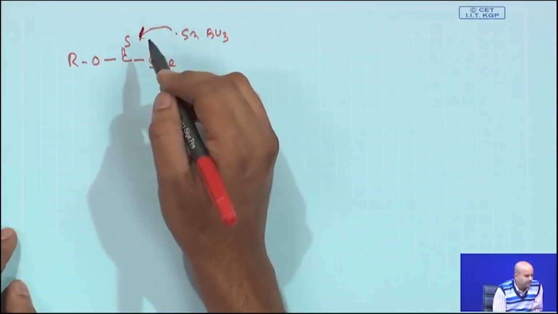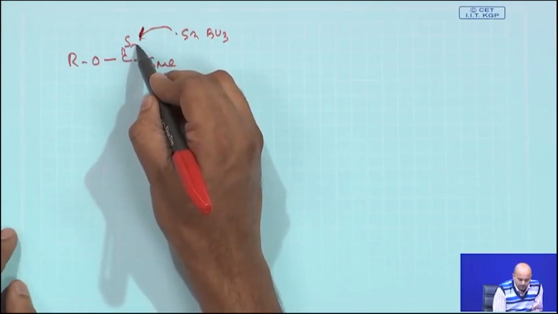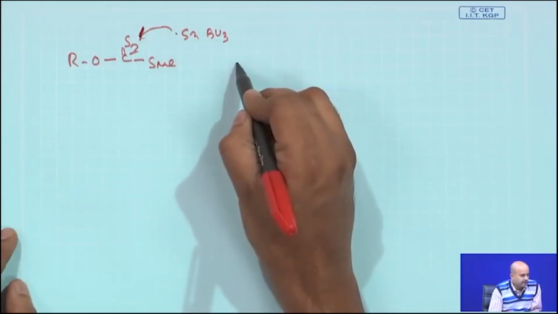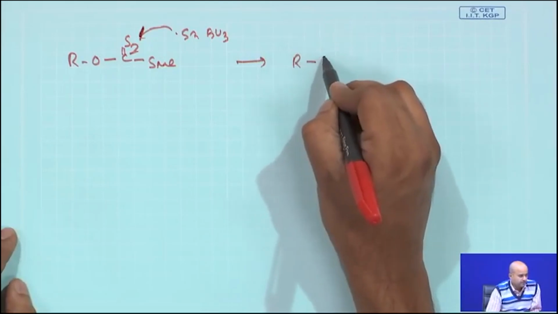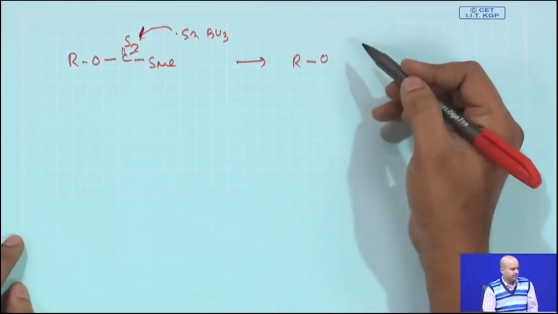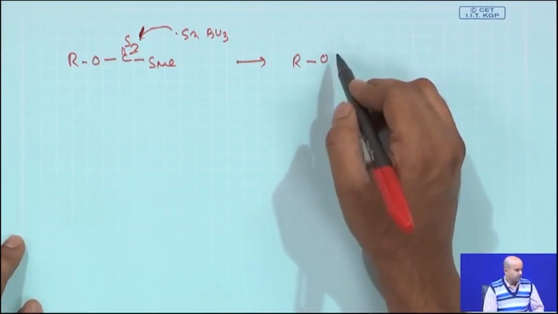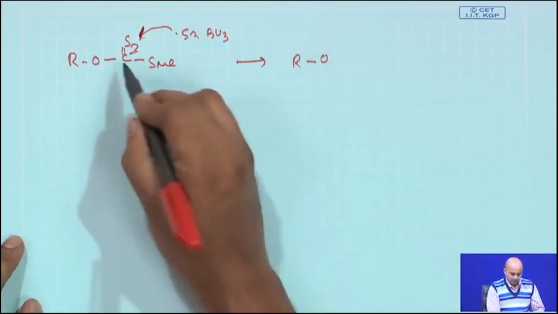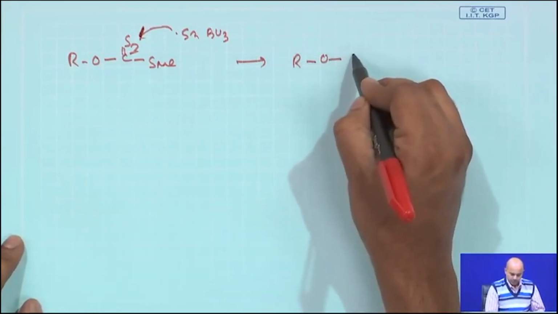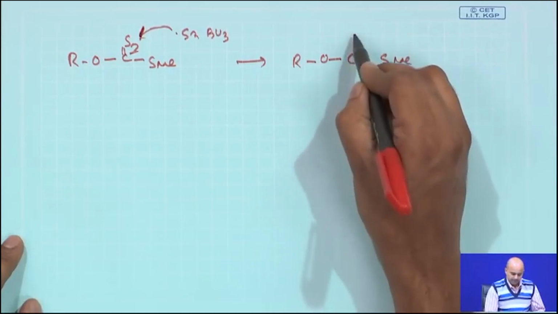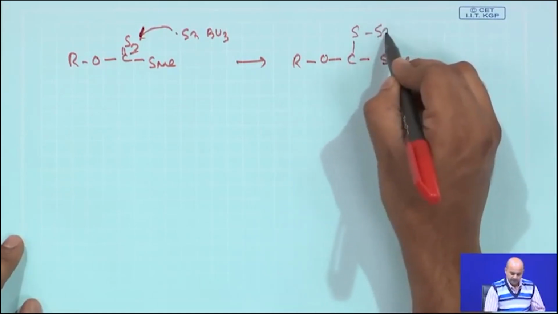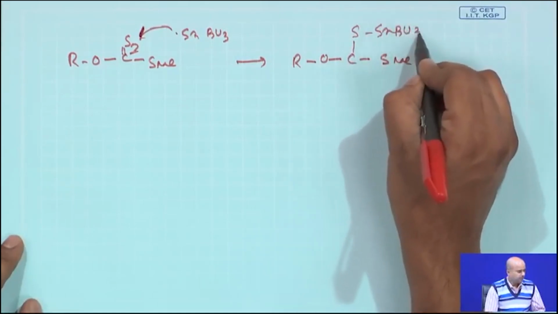So, you will always have this kind of half arrow mechanism, and then you will find this compound will be converted to a ROC(S)SMe, S-SnBu3.